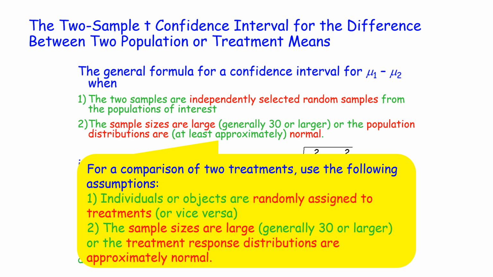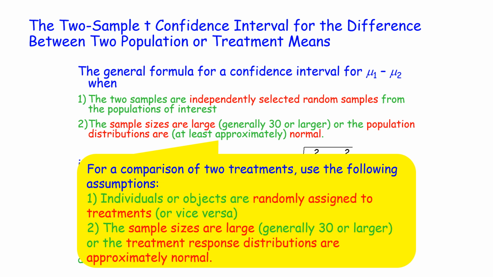For the comparison of two treatments, you use the following assumptions. 1. That individuals or objects are randomly assigned to treatments or vice versa, and 2. The sample sizes are large, so generally 30 or larger, or the treatment response distributions are approximately normal.